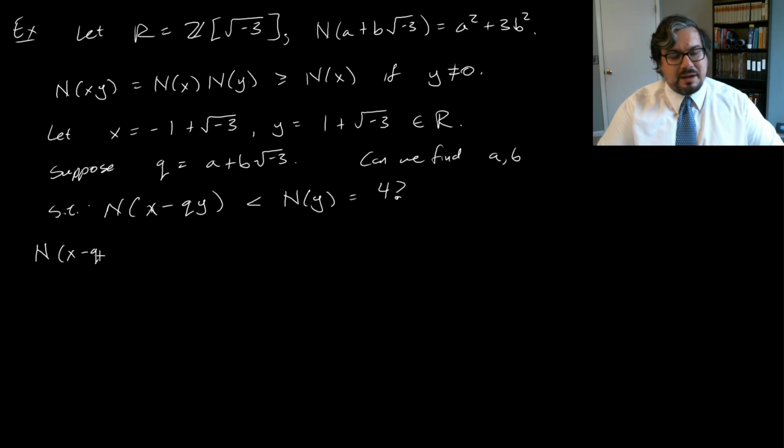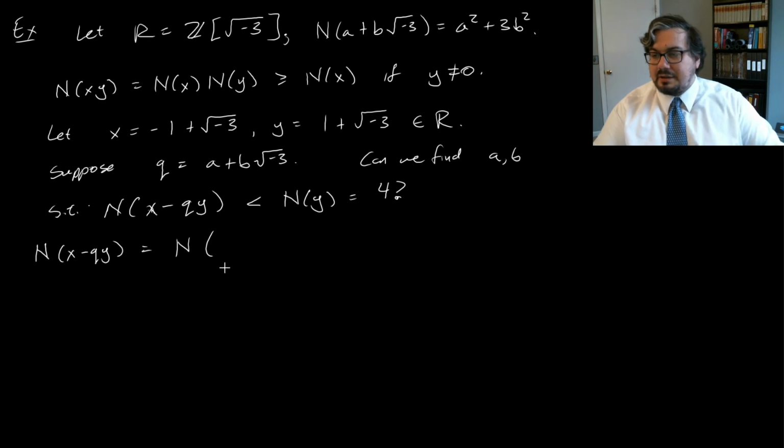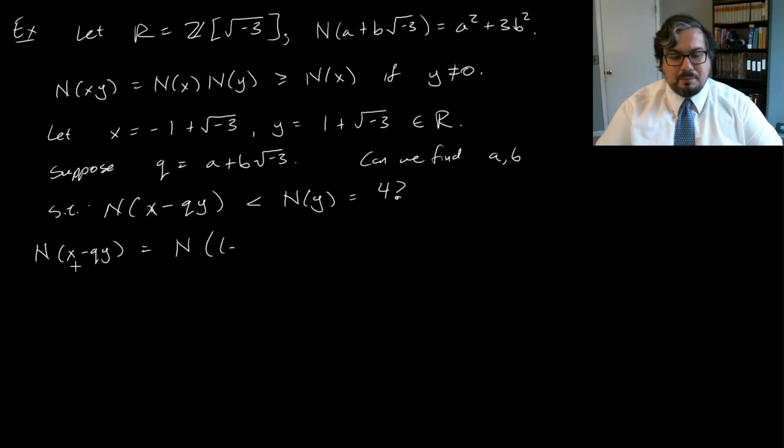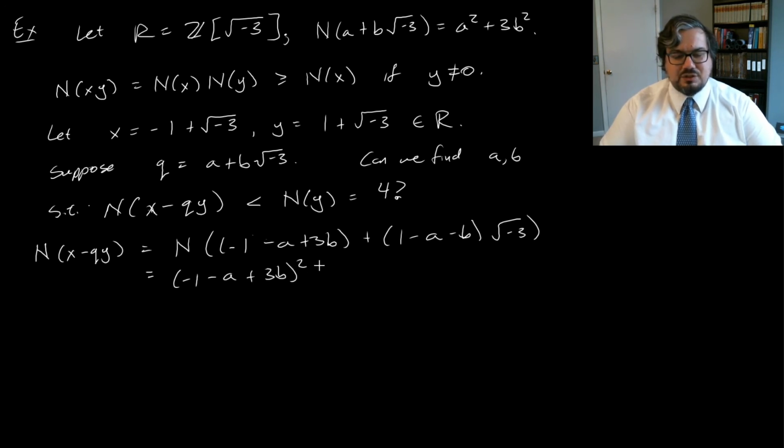So the norm of x minus qy is going to be equal to the norm of, if we take x minus qy, multiply all this out, we get negative 1 minus a plus 3b plus 1 minus a minus b times the square root of negative 3. Now, the norm of this is negative 1 minus a plus 3b squared plus 3 times 1 minus a minus b squared.